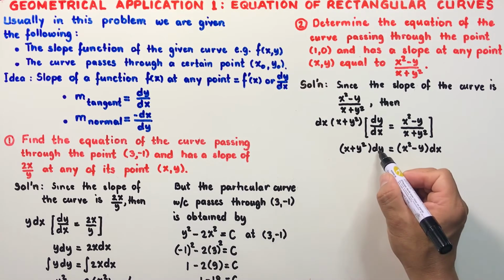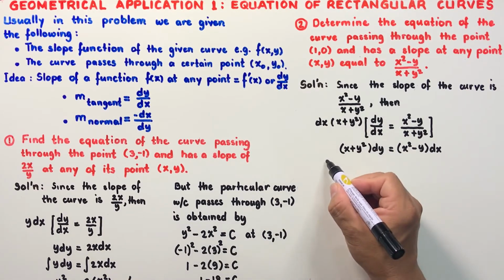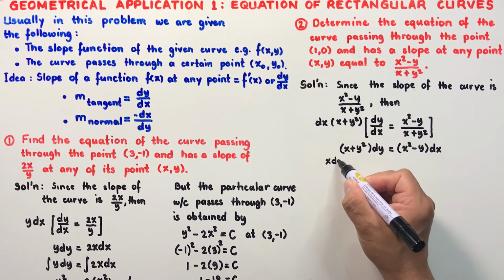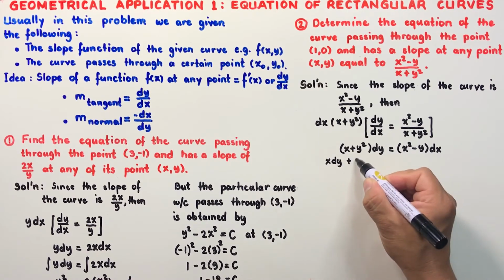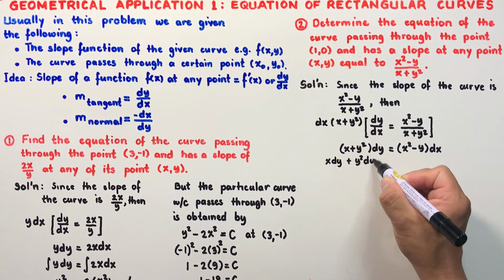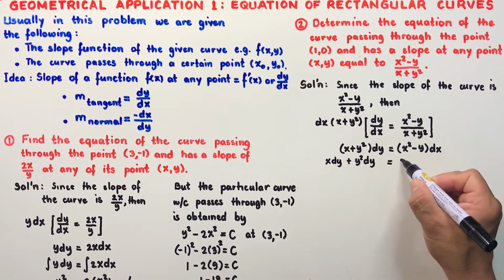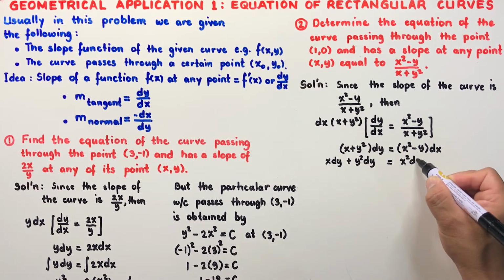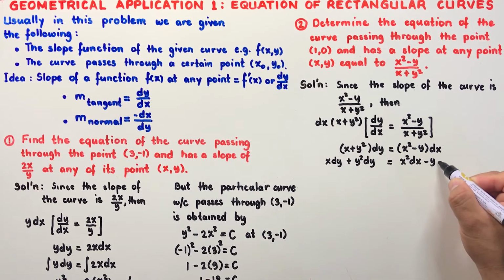Distributing this dy to this binomial, we have x dy plus y squared dy, and this is equal to x squared dx minus y dx.